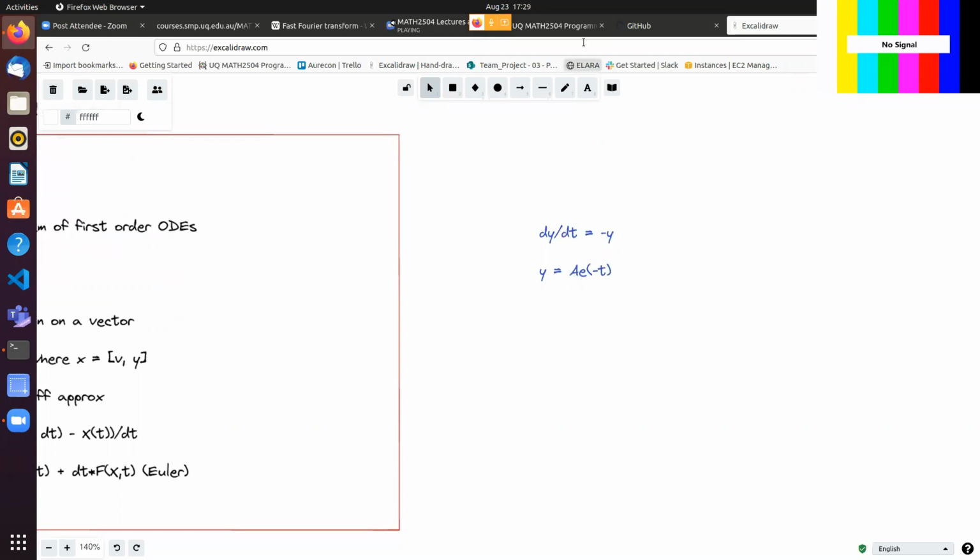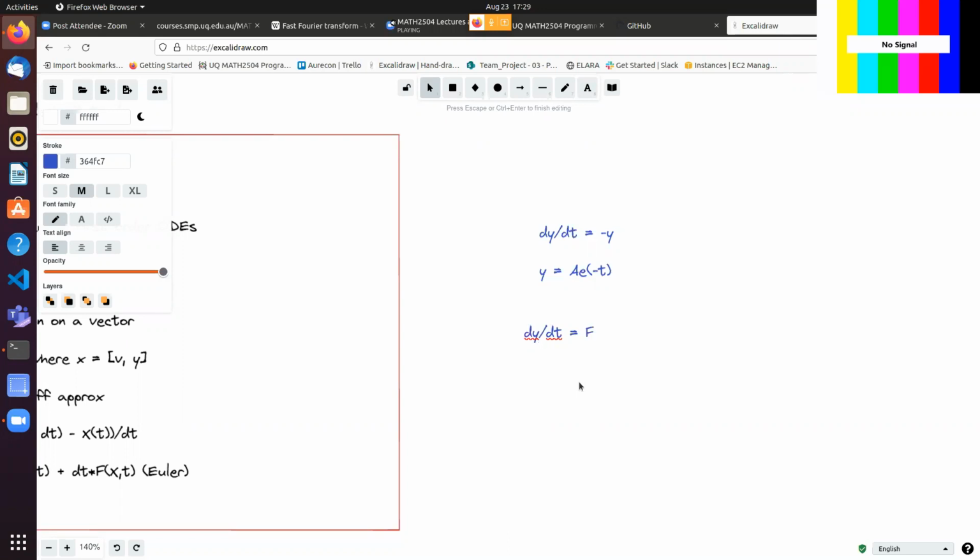So if we look at forward differences, we can say our function is dy/dt equals f of y and t. In this case, f(y, t) equals minus y.